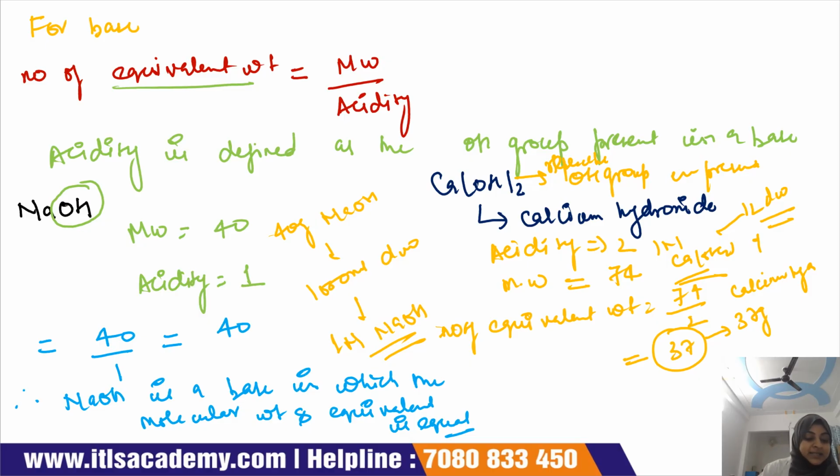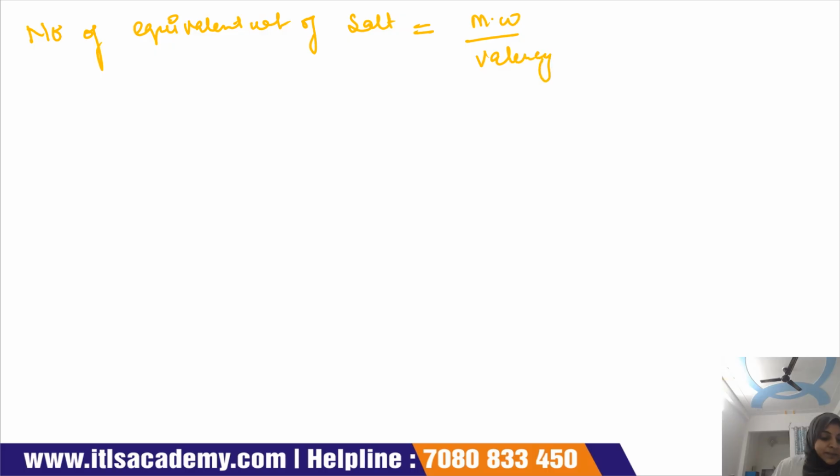Now, the next is the equivalent weight of salt. That is equal to molecular weight divided by valency.